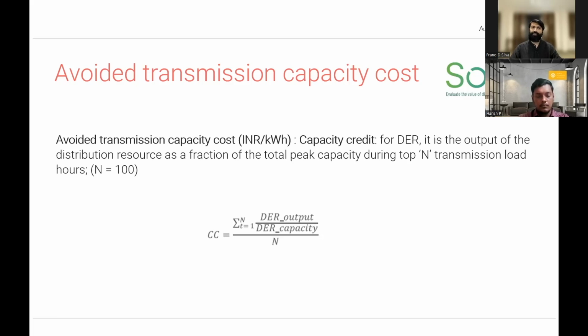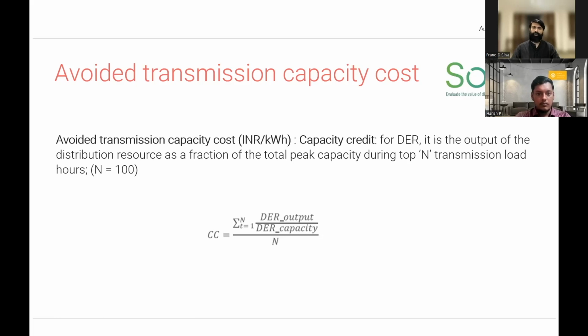If we consider the net load profile, we will get a capacity credit that is eligible to provide us with the correct avoided transmission capacity cost, or else if we do not consider the net load profile, then we would be overestimating the avoided transmission capacity cost. So to be able to estimate an accurate avoided transmission capacity cost, we have taken this term capacity credit to help us determine the correct value.